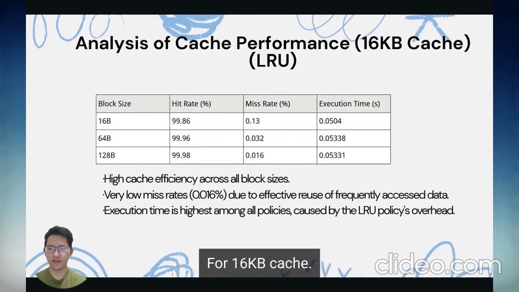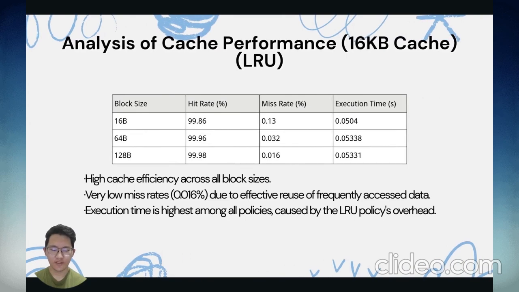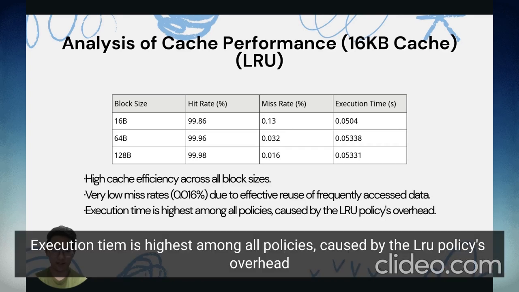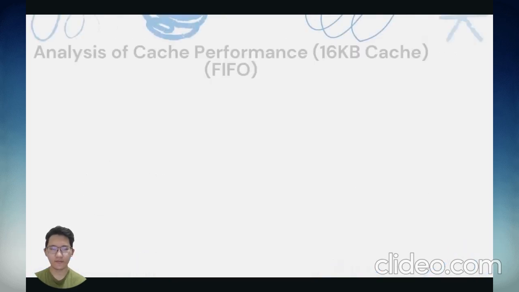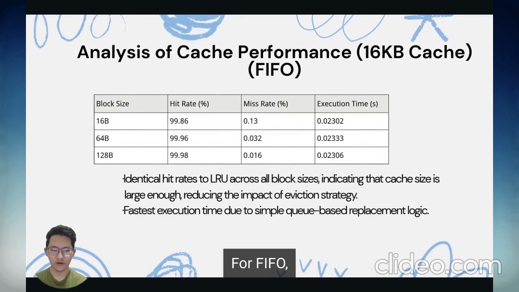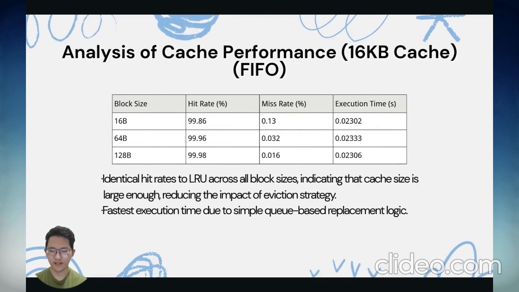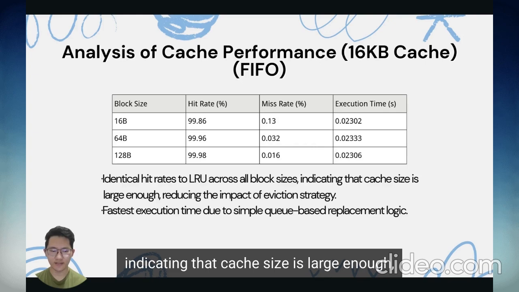For 16 KB cache, the LRU policy has high cache efficiency across all block sizes, with a very low miss rate due to the effective reuse of frequently accessed data. The execution time is the highest among all policies for LRU, caused by the LRU policy's overhead. FIFO has an identical hit rate to LRU across all block sizes, indicating the cache size is large enough to reduce the impact of eviction strategy.